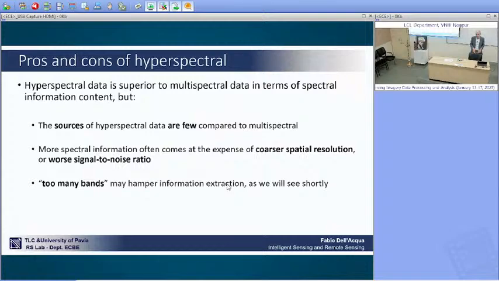One is the Italian PRISMA. Some of you know of it because you have worked with such data. There's the German EnMAP. I don't know of any Indian hyperspectral satellite. But in general, there are very few attempts because it is extremely difficult and expensive.